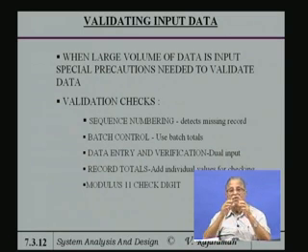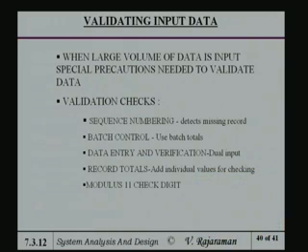So, the batch control total gives the total number of records in that particular batch, and also certain checks like, say, certain fields are taken and the total number of items in that field is added and given.